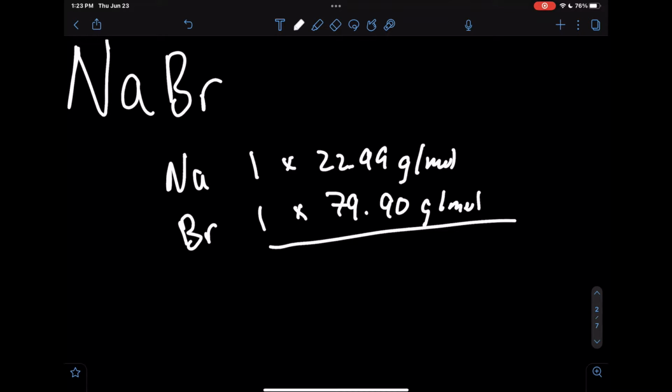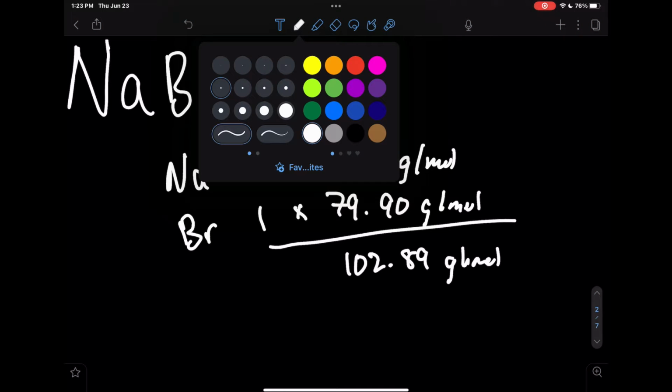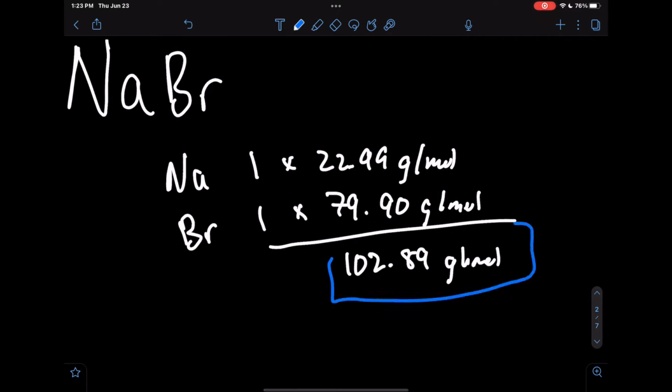Now you just add them all up. When you add all these up, you're going to get 102.89 grams per mole. So 1 molecule of sodium bromide is going to equal 102.89 grams per mole.